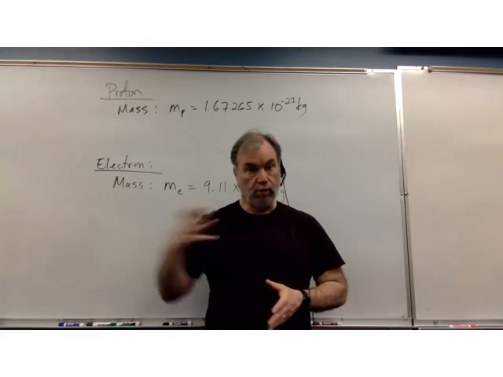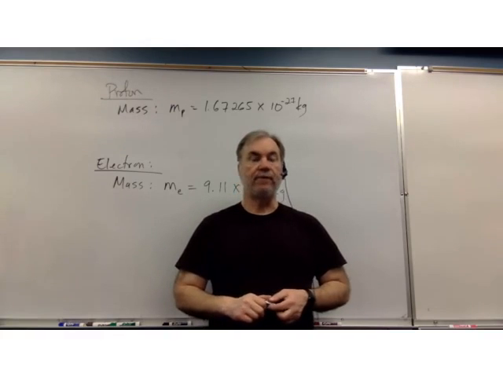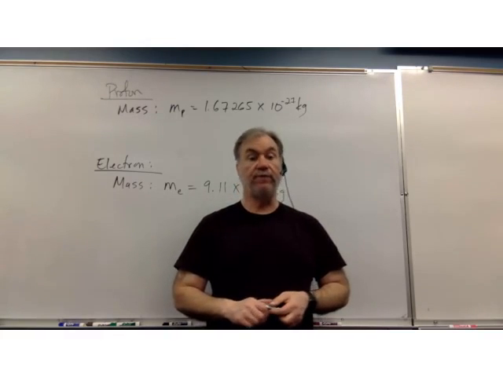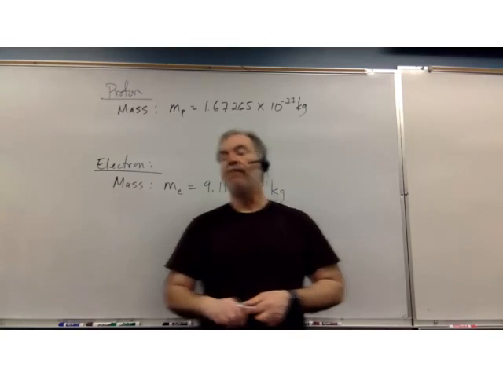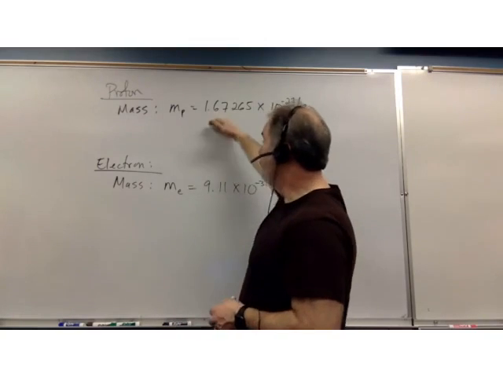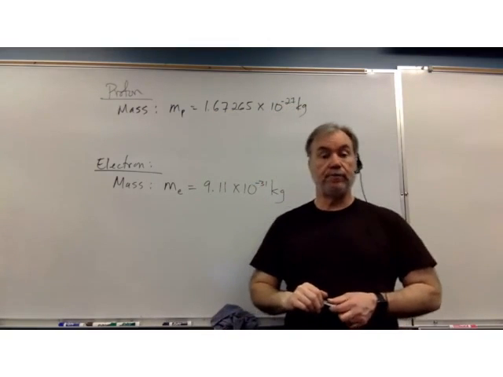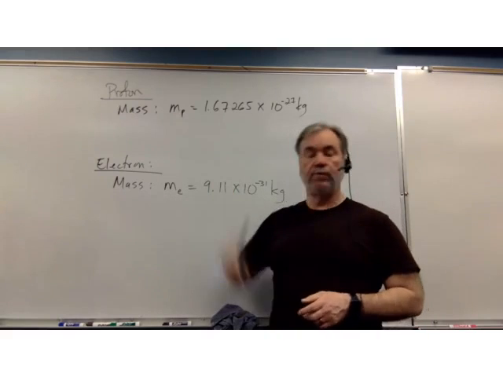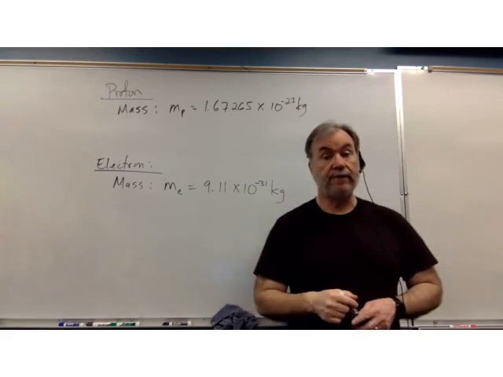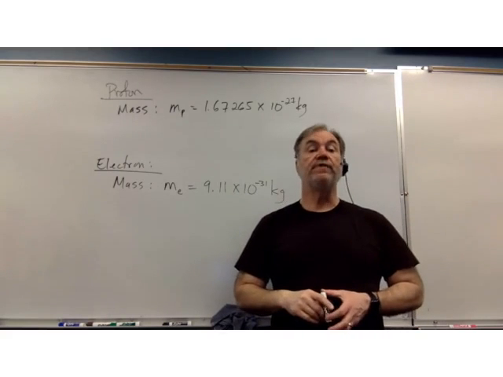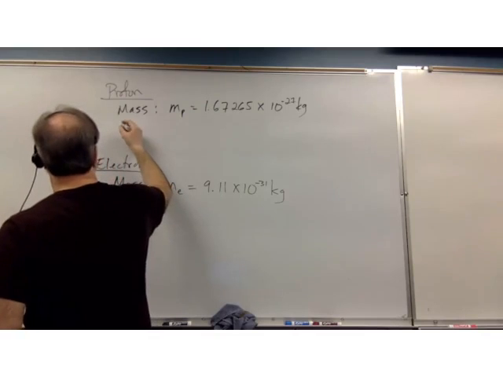So it can either pull or push. The conceptual and physical model that was eventually constructed to explain all of this was to say that these two particles, the proton and the electron, carry another property along with their mass, another property that helps define what they are, and this new property was given the name electric charge, or just charge for short.